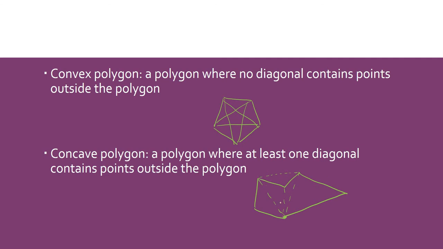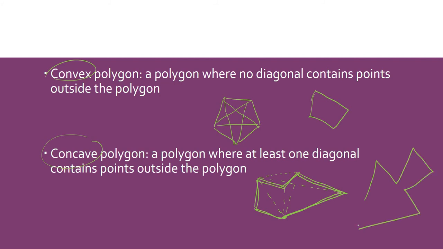And some of those diagonals have points outside of the polygon, outside of the area of the polygon. So that's concave. Think of convex as all of the sides and angles going the same direction, containing everything within, whereas concave has some going wonky different ways like that. Okay?